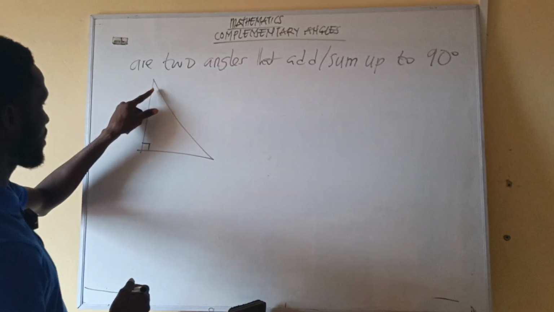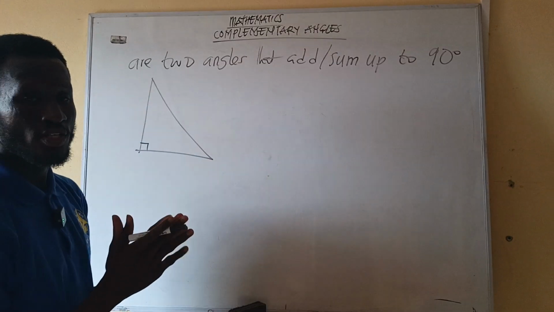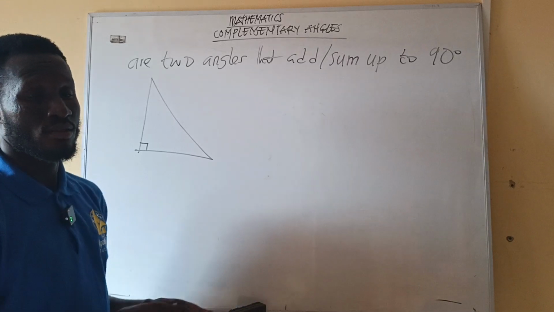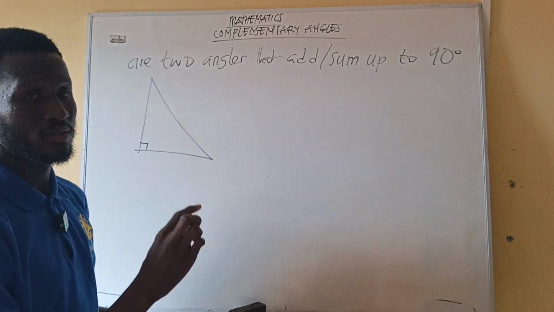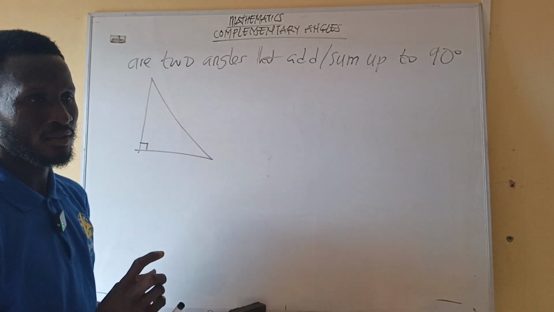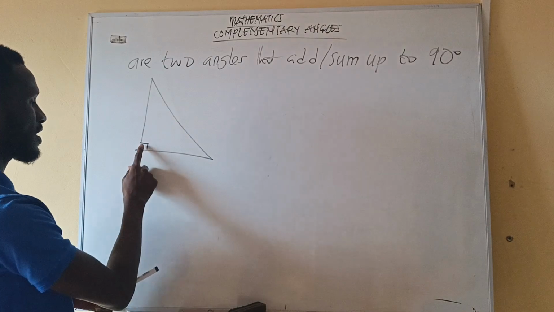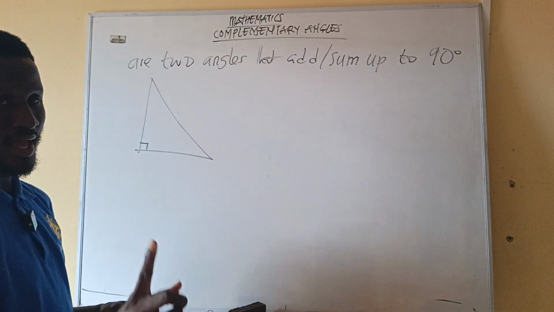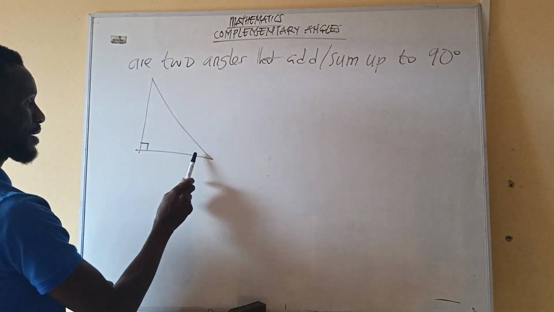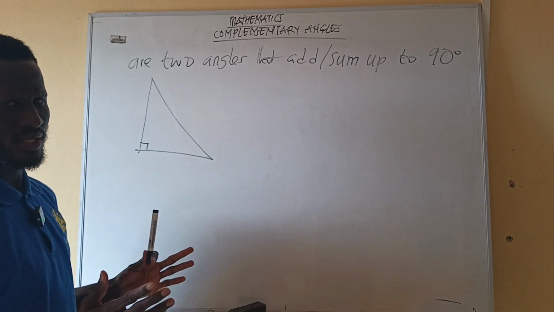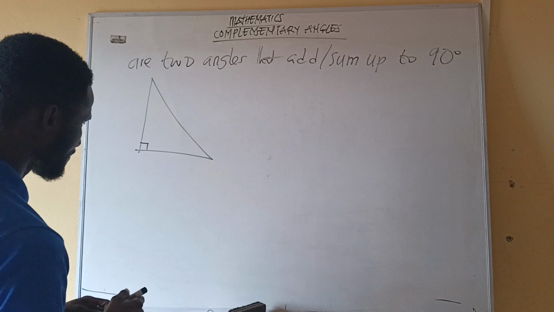And the interior angles of a right angle triangle, when you add all of them, the sum of interior angles is 180 degrees. So if this particular angle is 90, then this angle plus this angle should also add up to 90 degrees, right? Okay, fine.